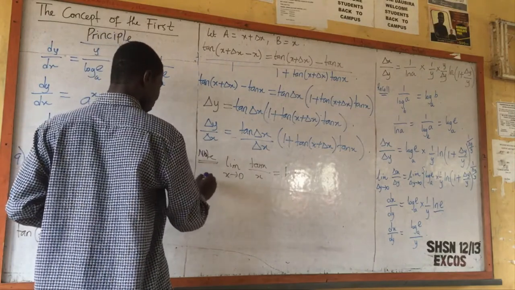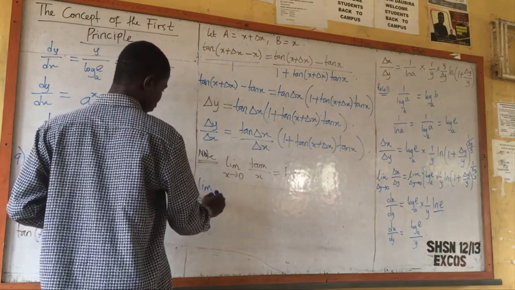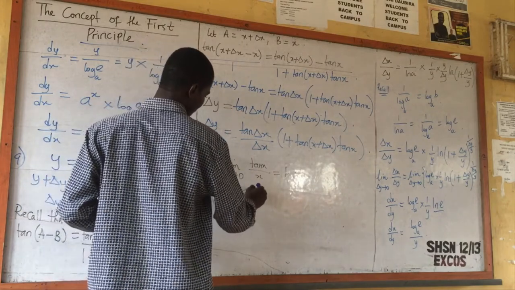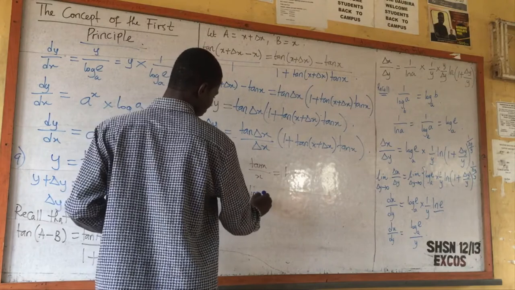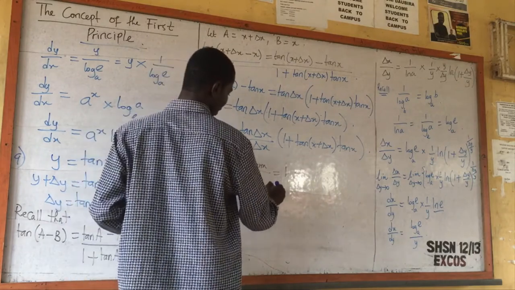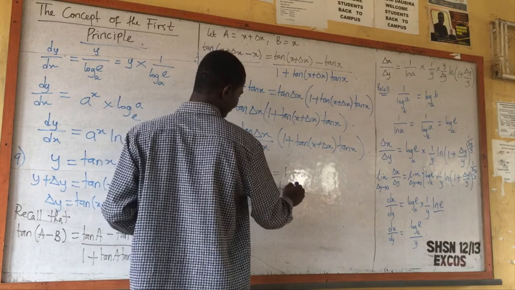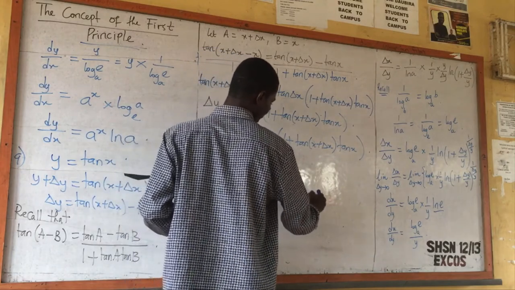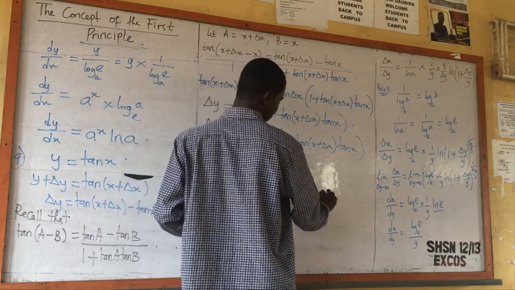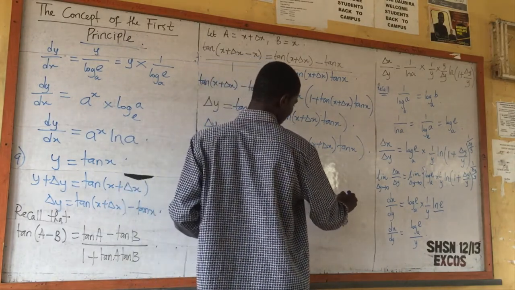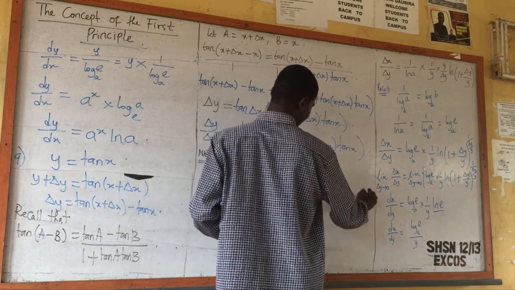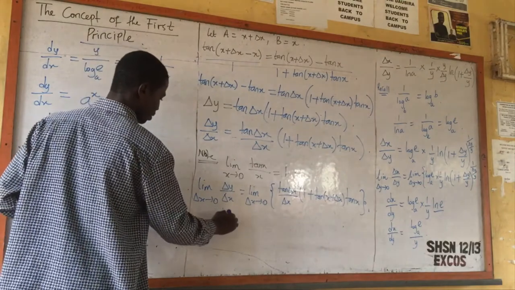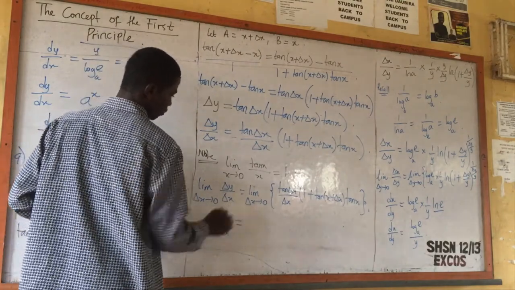So the limit as delta S goes to 0 of delta Y over delta S is equal to the limit as delta S goes to 0 of tan delta S over delta S, open bracket 1 plus tan(S + delta S) tan S. So this one will become dy/ds.